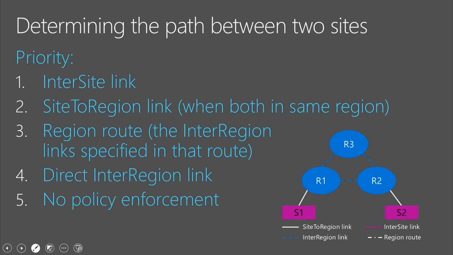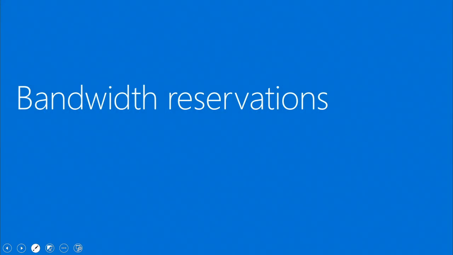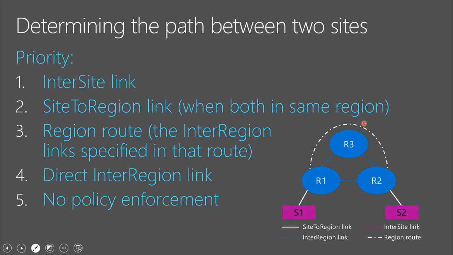Then we know that the path would be site 1 to region 1, and the regions are directly connected here by a region link, so we'd use that path. But if there is a region route here that says to use other links, we'll use that. So there's the priority. If there are no links, then we won't be doing a policy. If we can't map the two endpoints, we won't do any kind of policy enforcement.